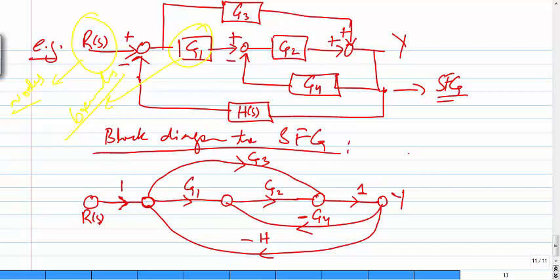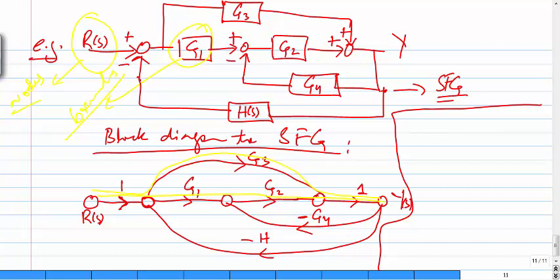Now if we solve this problem, try to find the transfer function between Y and R. It's very easy. First of all, we have to find the feed forward paths. So we start from here and we will move like this. This is path 1. Now we start from here and move directly.